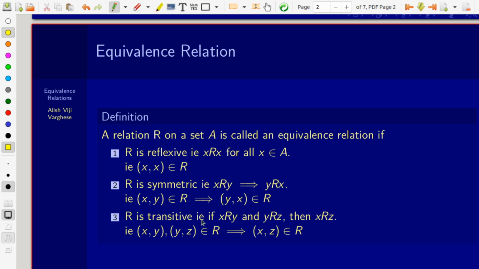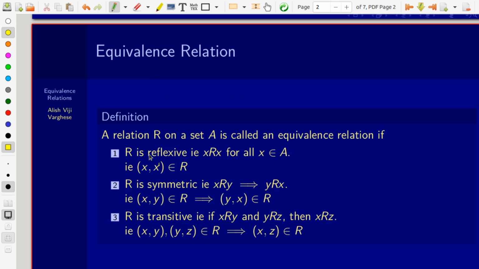Then R is transitive means x related to y and y related to z, then x is related to z. So these are the three important axioms by which we define the term equivalence relation.